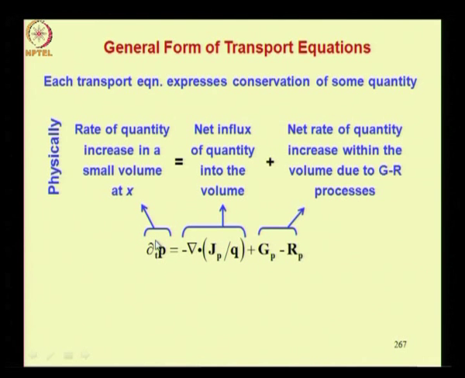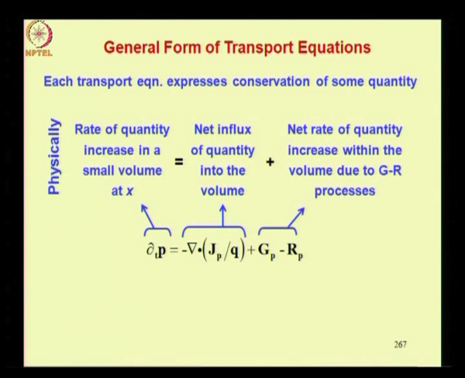Now it is important to note that this equation set out in words needs a small manipulation to bring it in the form shown here. So when it is written in this form, this is equal to multiplying dou p by dou t with the volume, okay.